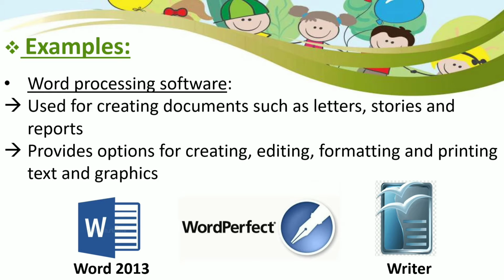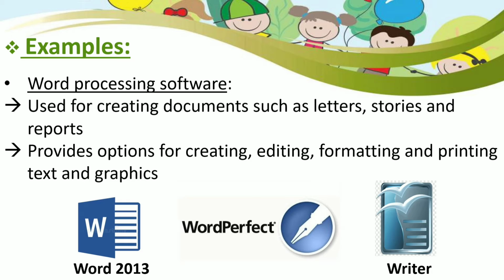Let's see the examples of general purpose application software. First is word processing software, used for creating documents such as letters, stories, and reports. Provides option for creating, editing, formatting, and printing text and graphics.